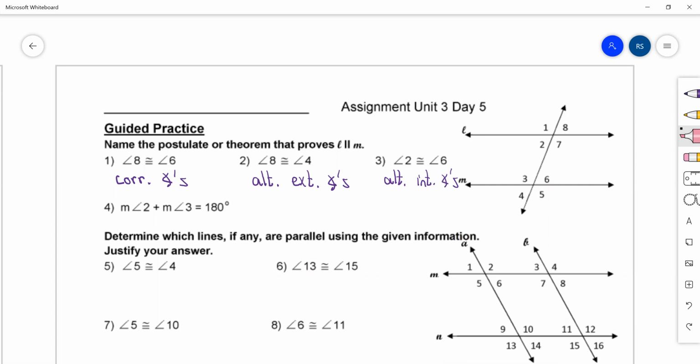And last but not least, 2 and 3, they tell us 2 plus 3 gives you 180. So what kind of relationship does that explain? Same side interior angles.